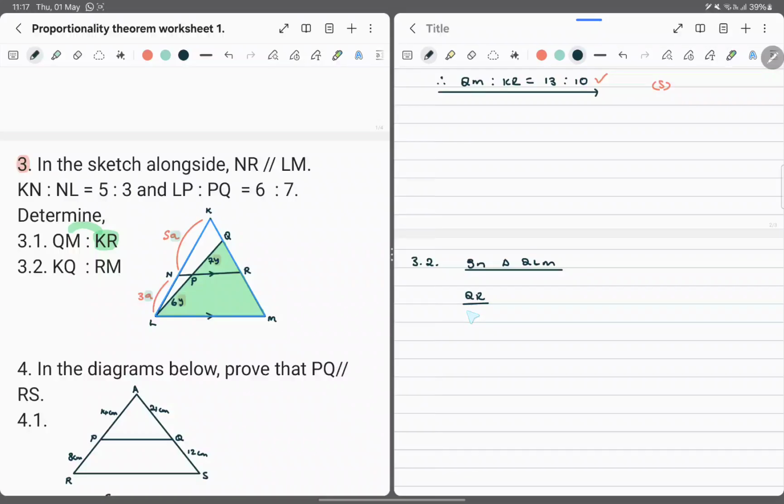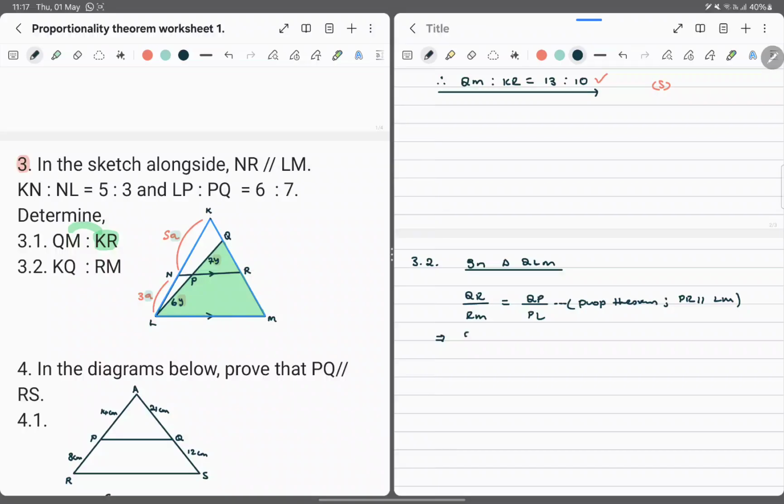QR over RM should be QP over PL. Okay. Again, we furnish a reason. Proportionality theorem with PR parallel to LM. All right, not a problem.